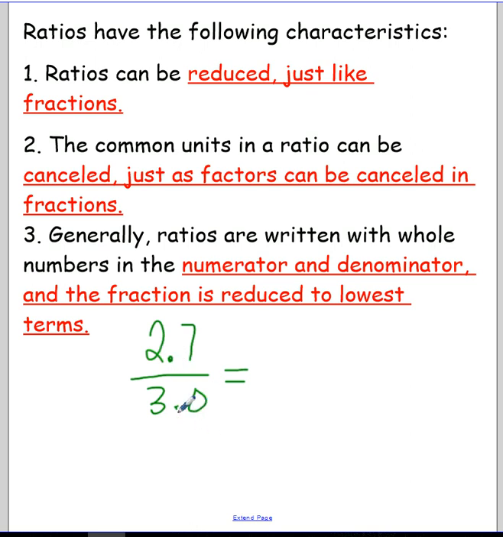In both cases, they only have one decimal after, so if we multiply both by 10 and move the decimal over once for each, we would get 27 over 30 as a ratio. And then we would need to simplify that. They're both multiples of 3. So 27 divided by 3 would be 9, and 30 divided by 3 would be 10. So we want to make sure that our ratio does not have decimals or fractions in it, and again, it's reduced to lowest terms when writing a ratio and working with it.